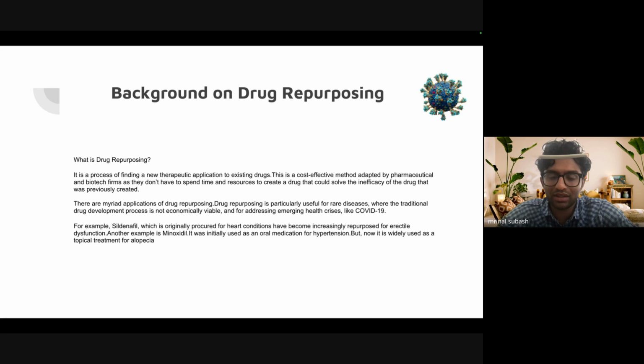This is very crucial for large pharmaceutical firms and biotech firms, since they are developing drugs using different chemicals, different artificially synthesized molecules, and these are usually complex molecules. So this is a very cost-effective method which can aid pharmaceutical firms and biotech firms in not having to spend time and resources to create a certain drug.